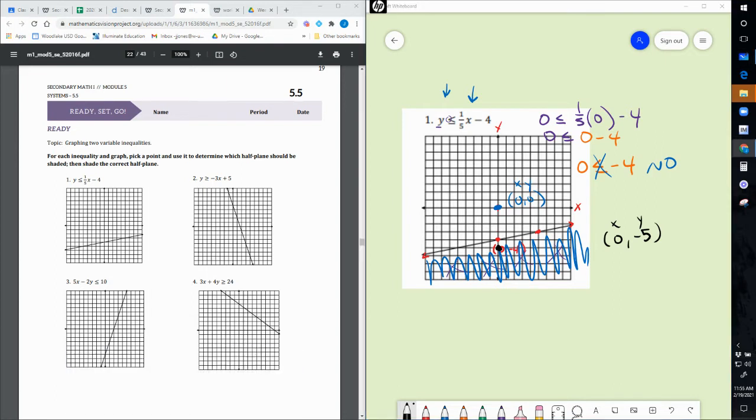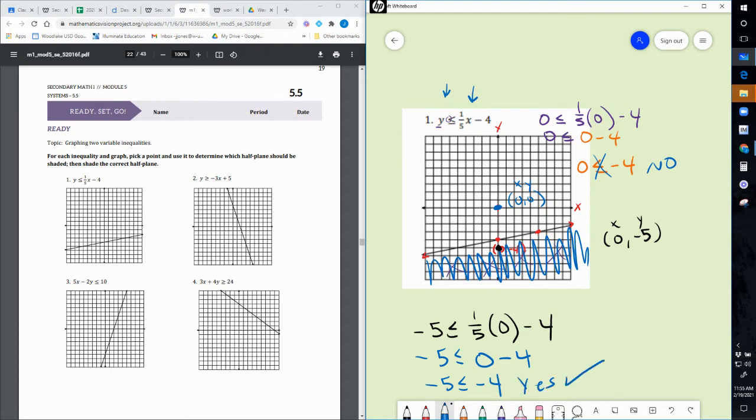Okay, take the exact same equation, plug in negative 5 for y, and then 1/5 times 0 minus 4. This is why I like using 0, because whenever you multiply, it makes that fraction super easy. Negative 5 is less than or equal to 0 minus 4. Negative 5 is less than or equal to negative 4. Is that true? Is negative 5 less than or equal to negative 4?